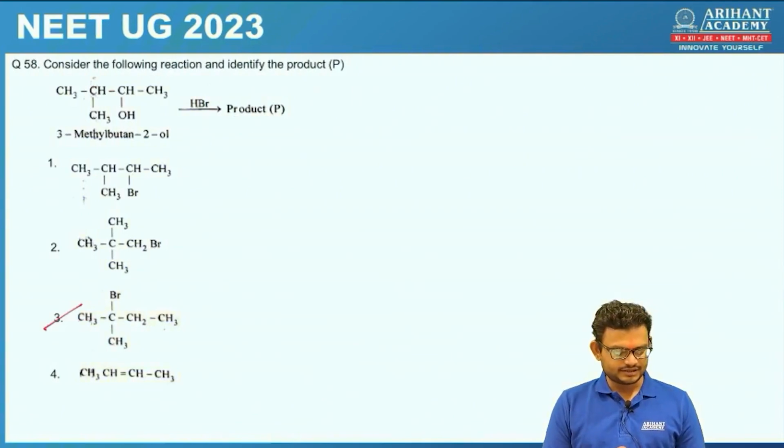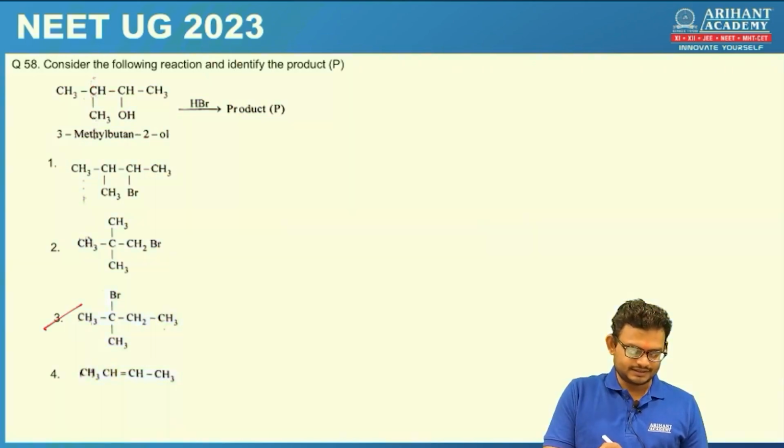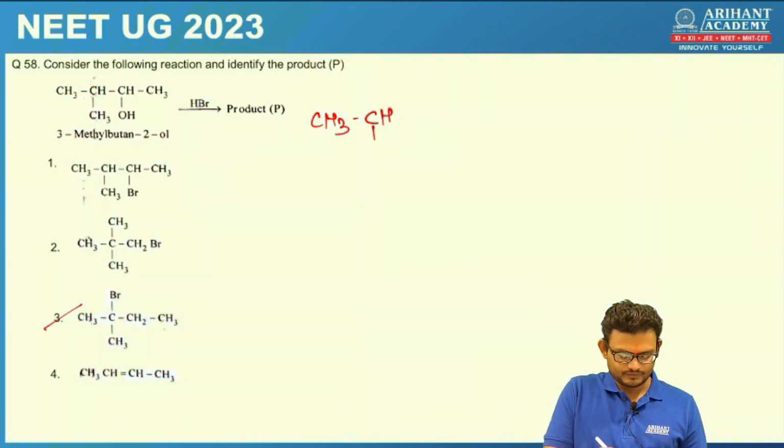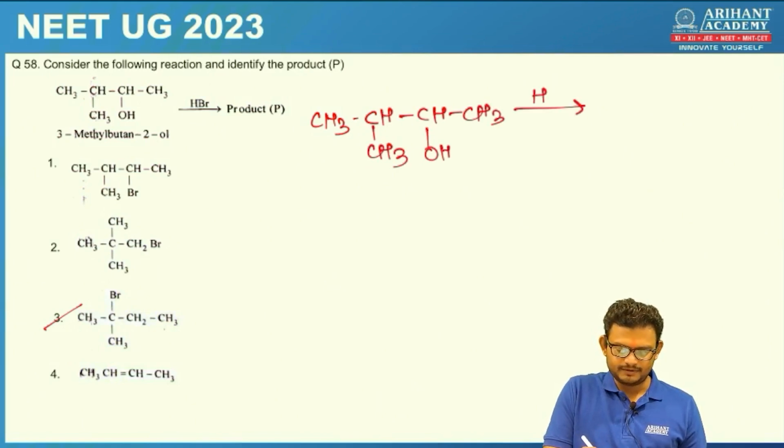Consider the following reaction and identify the products. Now you have given an alcohol with HBr, which is a strong acid, and they are asking us what the products would be. Now let us solve this question. We have this alcohol in acidic medium. So definitely the first step is going to be protonation.